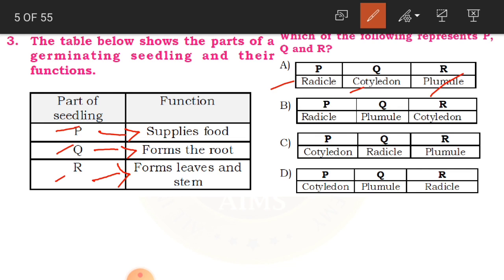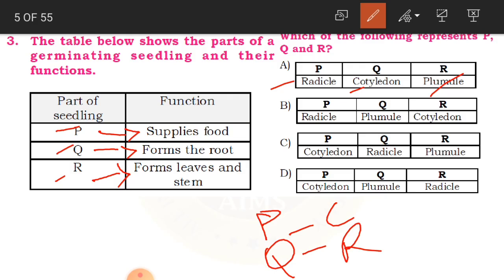Like P, which supplies the food. What is it children? Which supplies the food? It is cotyledon. It is cotyledons. So P is what? Cotyledon. And then Q is what? It forms the root. So that is radicle.